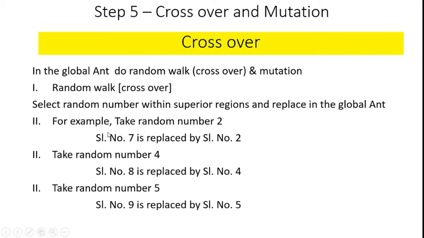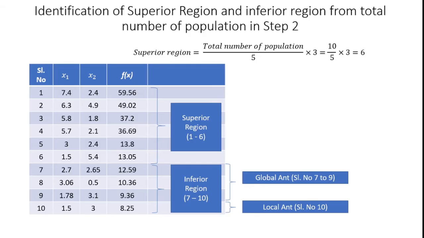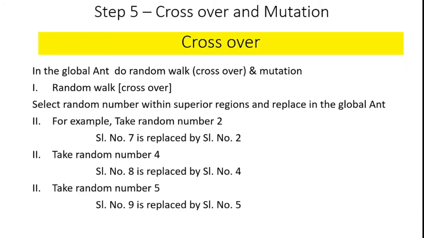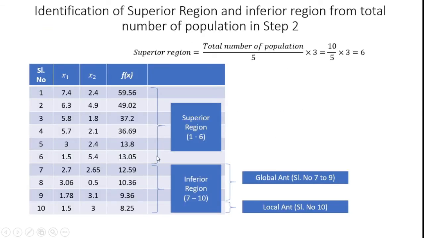So the serial number 7, because I consider only the inferior region for crossover. Here you see which is the inferior region. Only here I consider the crossover function, so I find the first random number, which may come as 2. So I replace the seventh population with the second population, which is the crossover step.